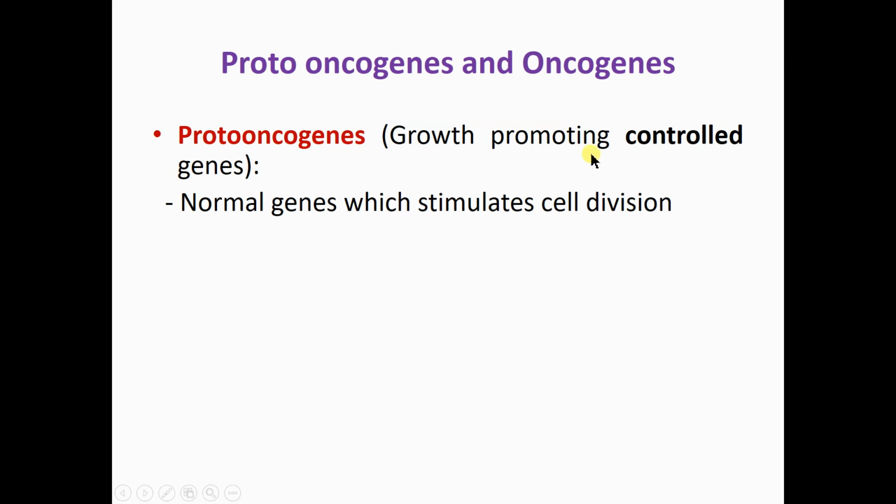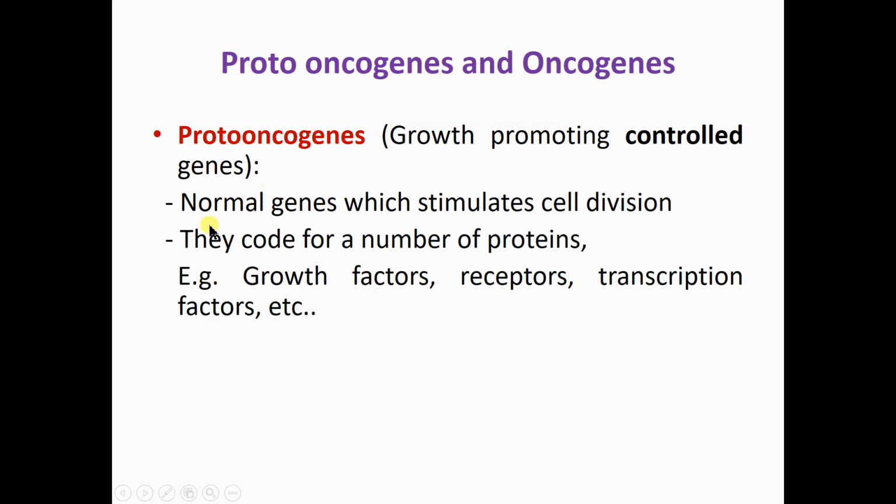They code for a number of proteins like growth factors, certain growth factor receptors, certain transcription factors, and certain other factors which help the growth of that particular tissue. So these are the proto-oncogenes.